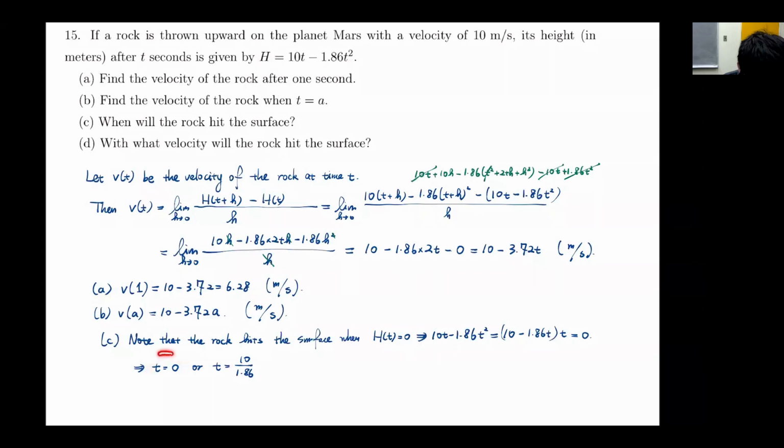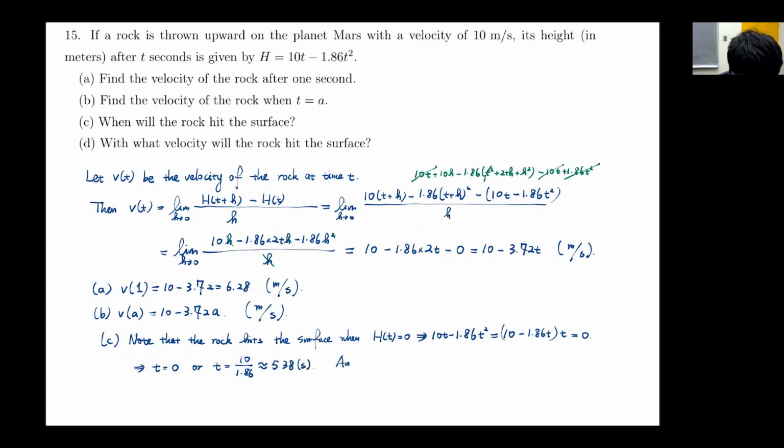Since t equals 0 is really the moment when the rock starts moving upwards, you should not use t equals 0 as a solution. You should only use t equals 10 divided by 1.86 as the solution. Either you compute it by calculator or by hand, at the end of the day you will get roughly 5.38 seconds.